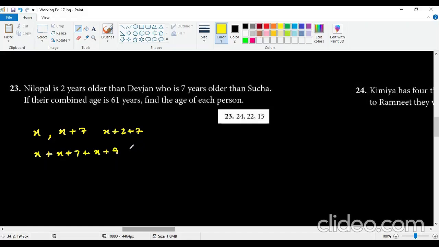And if I add all together it's going to be 61, 3x plus 16 equals 61, and 3x is going to be equal to 61 minus 16, and it's going to give us 3x equals 45. And when we divide this, x is equal to 15.